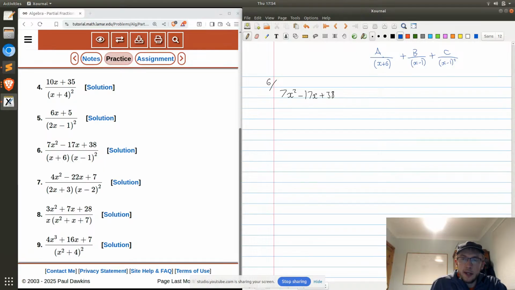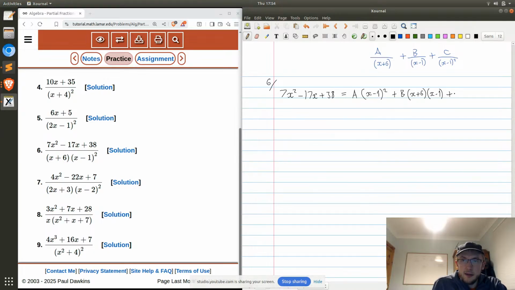Then when I add these 3 fractions intelligently, like using the lowest common denominator, A will end up being multiplied by this. B will end up being multiplied by this.